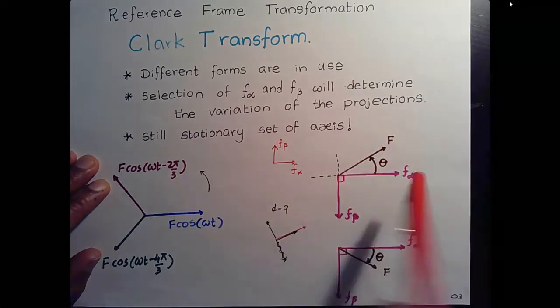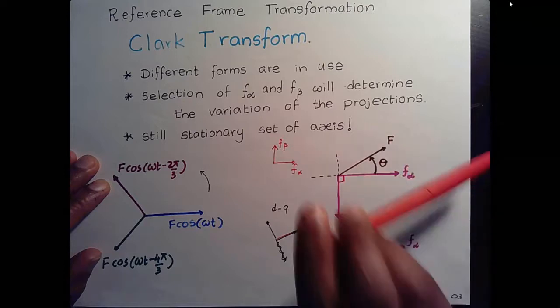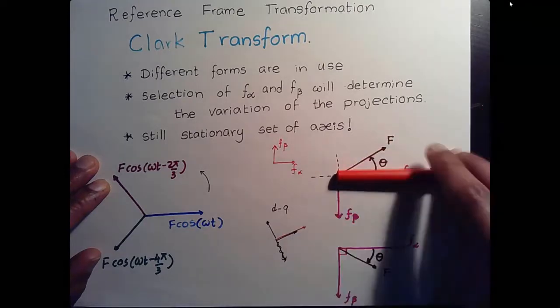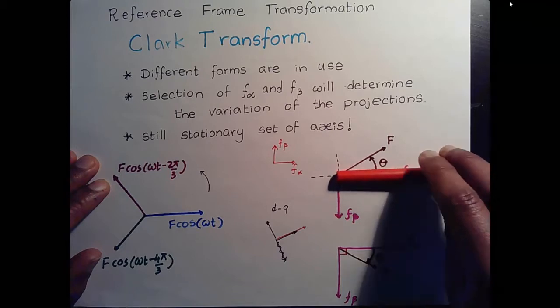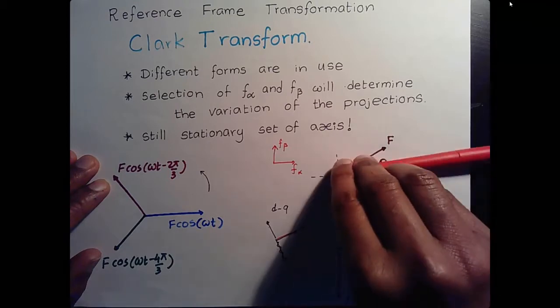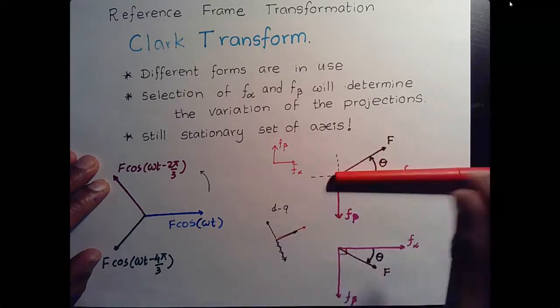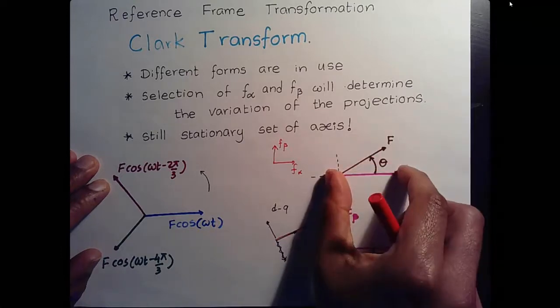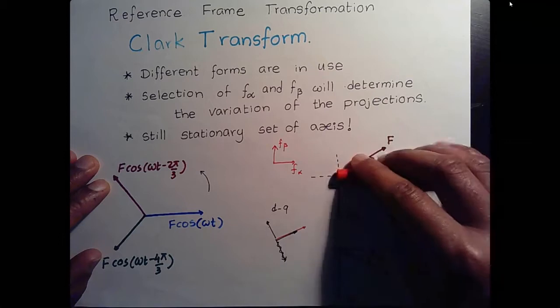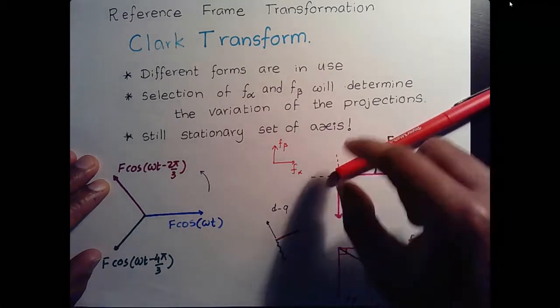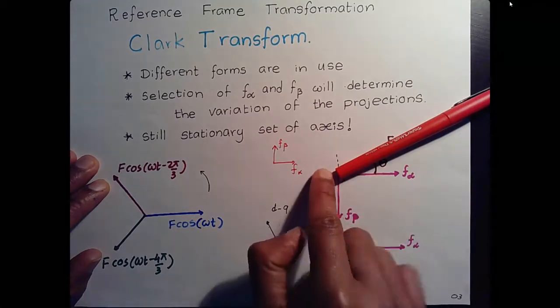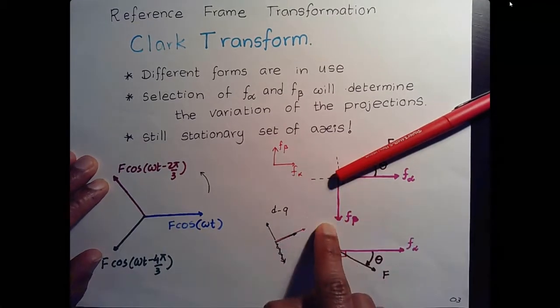If you think of the counterclockwise rotation, and assume the vector starts in alignment with alpha, f alpha, as it rotates, the projection on alpha reduces and the projection on beta increases negatively, because we defined the positive direction in this way.